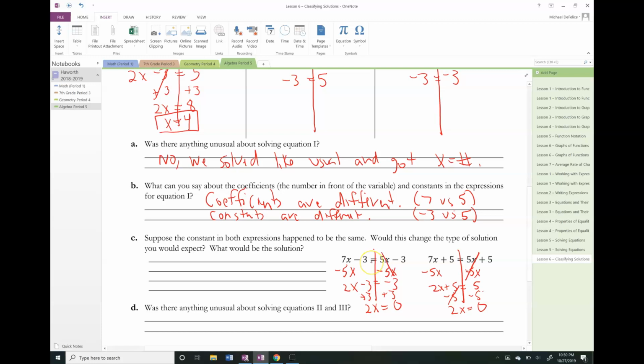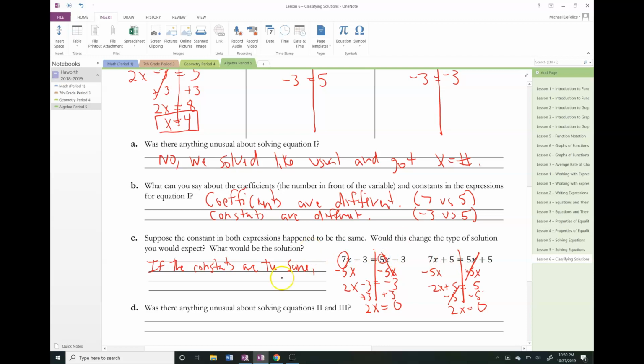So interestingly, if the constants are the same, the solution is going to be 0 all the time. But again, it's important to know that the coefficients were different.